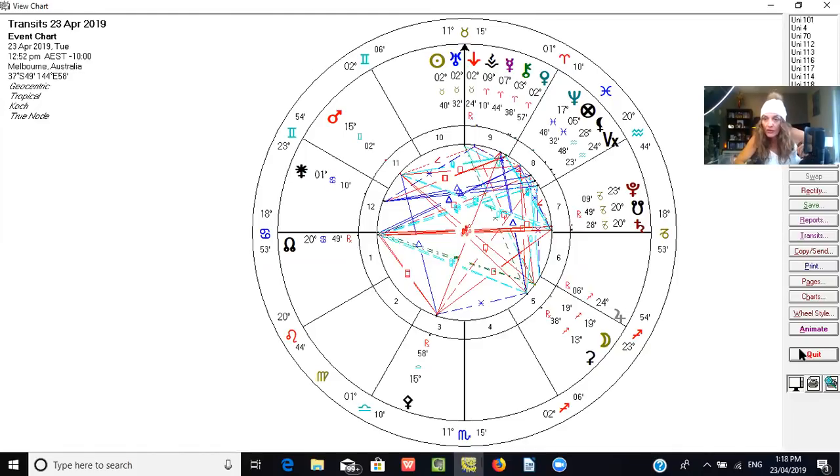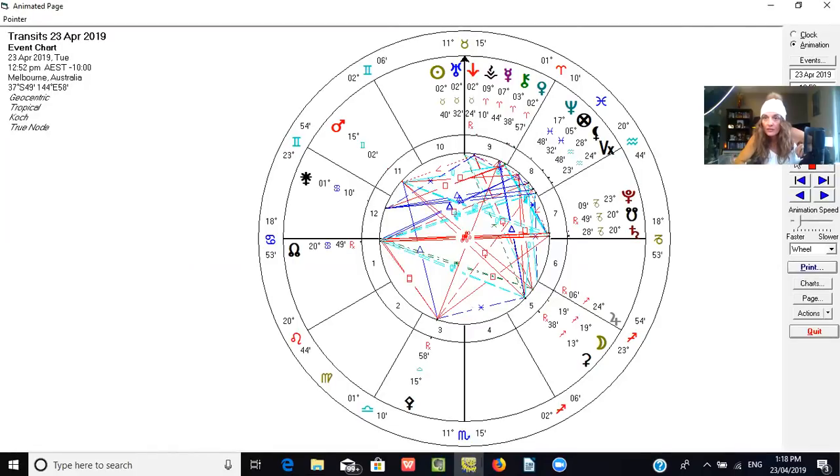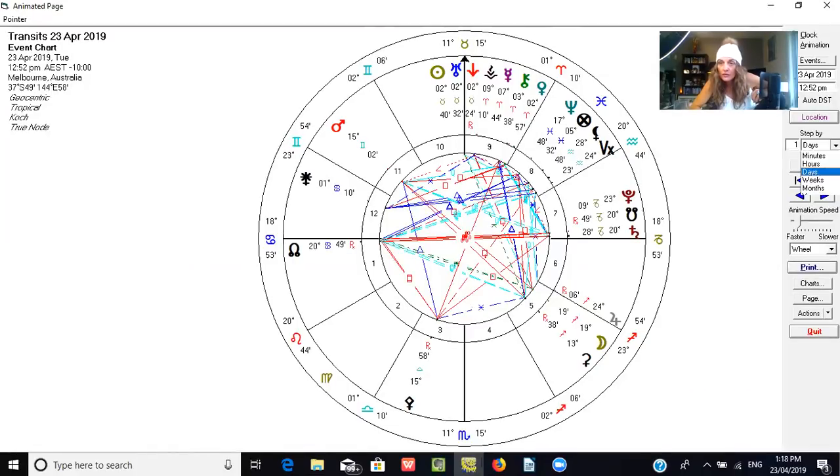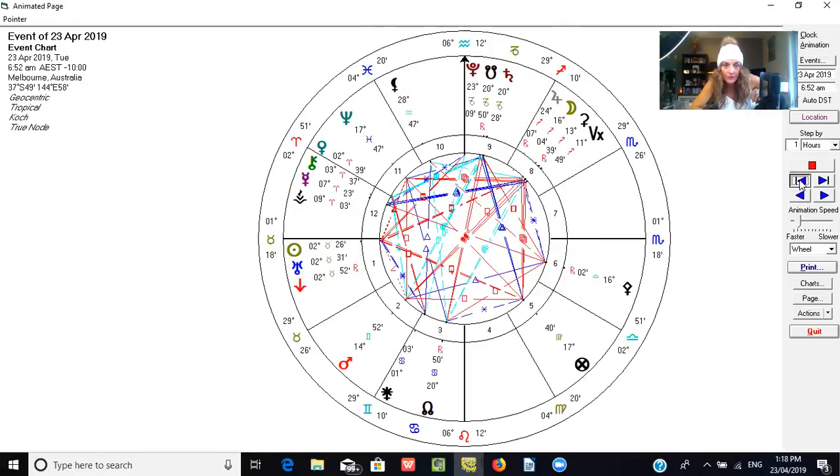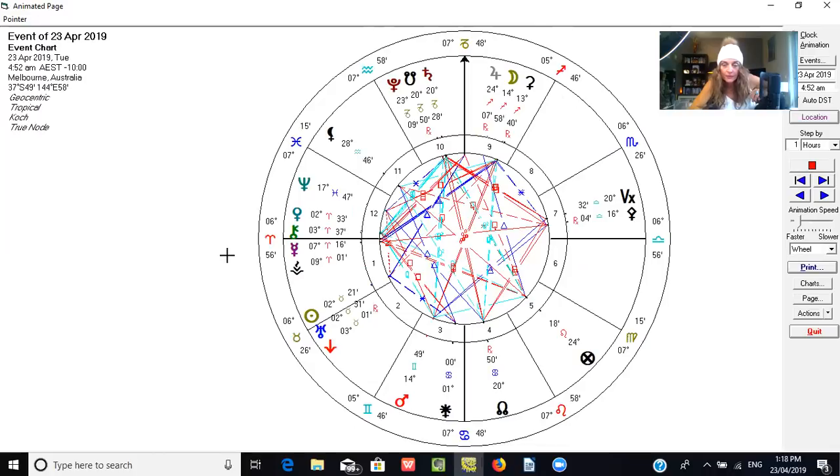Another way of looking at this, just to simplify things on a visual level, let me just get, there we go, Aries rising. Aries is quincunx to Scorpio, as I mentioned earlier, and also quincunx to Virgo.